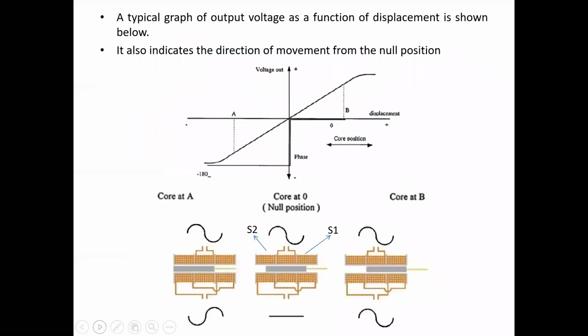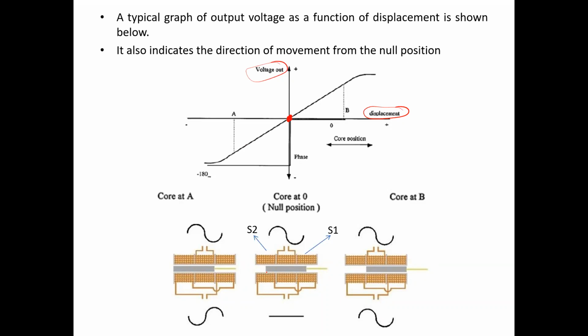Now if I go to the next slide, here the relation between the displacement and the output voltage is shown. With respect to the displacement, whether the output voltage will increase or decrease is shown in this figure. We can first consider 3 points. Let us start with the null point, which is indicated at the origin of the two axes.